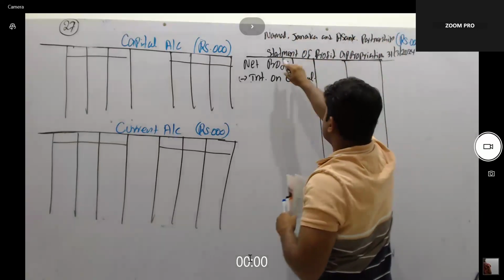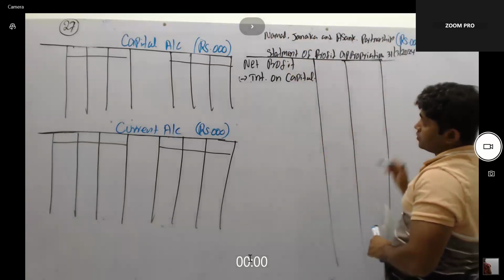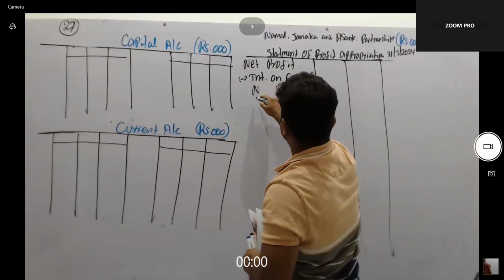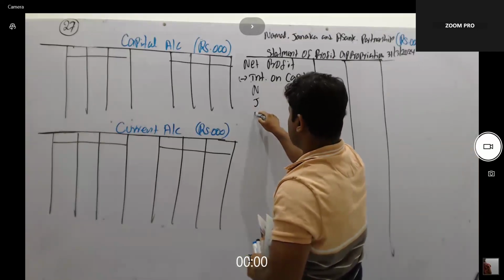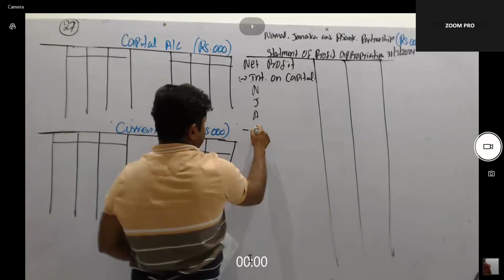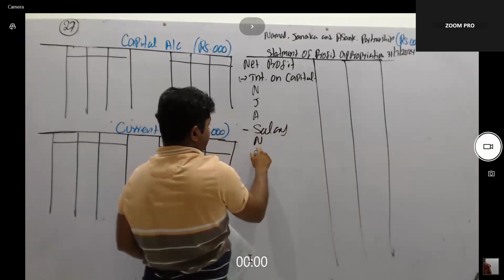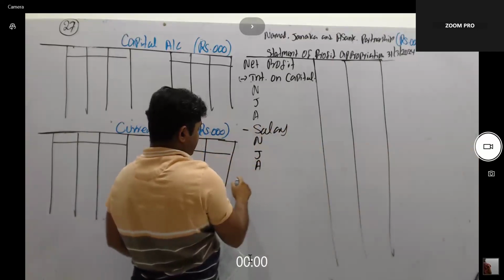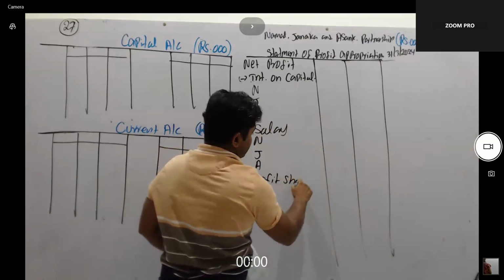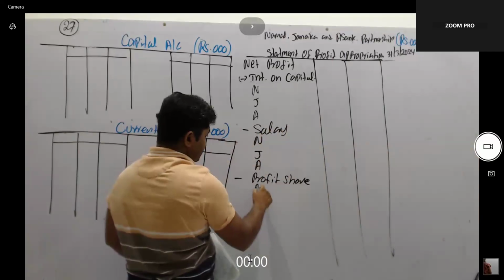Partnership statement of profit appropriation for the year ended 31st March 24. Interest on capital, all 3 partners: Namal, Janaka, Asanka. Salary also the same way: Namal, Janaka, and Asanka. Next one, profit share. Think the retired partner is also available during the current period.